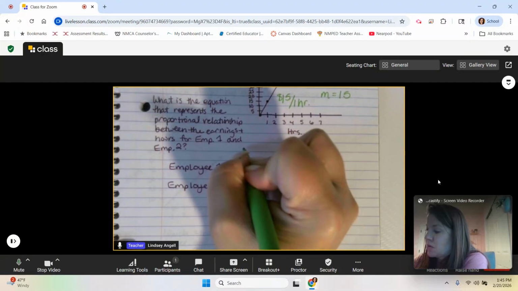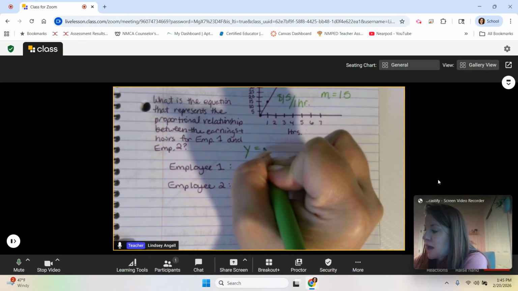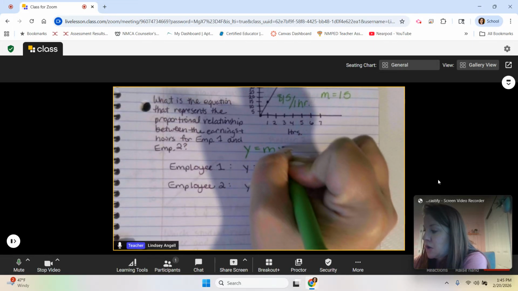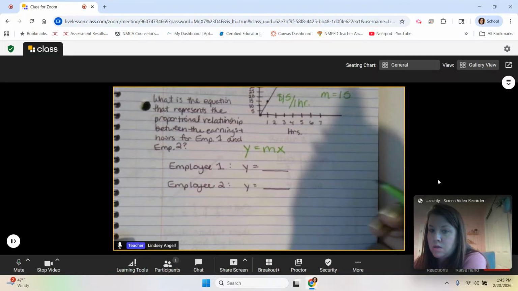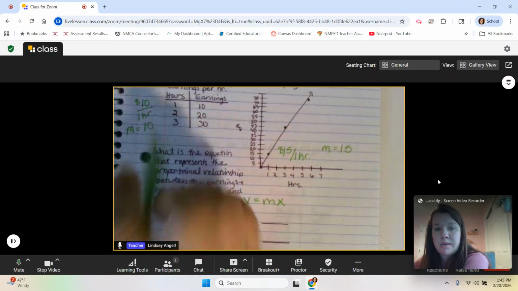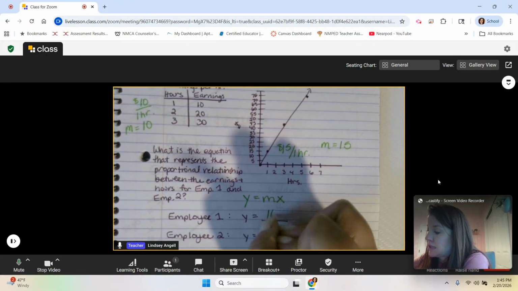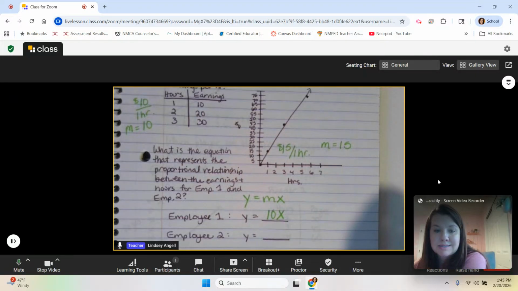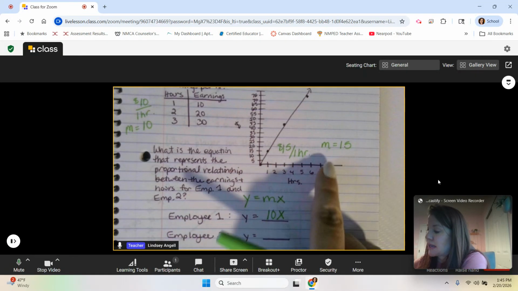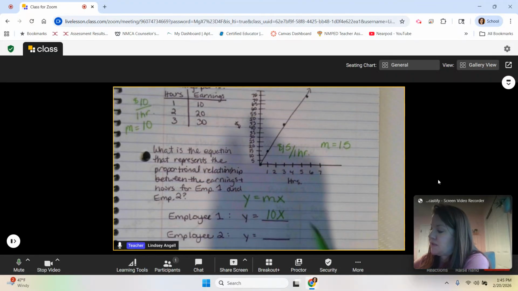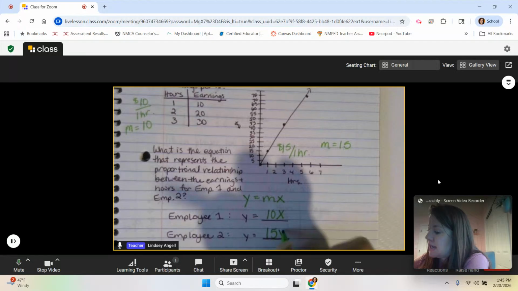Remember, the equation that we're setting up is always y equals m, or the slope, times x. Well, in this case for employee 1, that would be 10. So we would say y equals, and then you need to enter 10x. For this second one, for employee 2, it was 15, so we would say 15x.